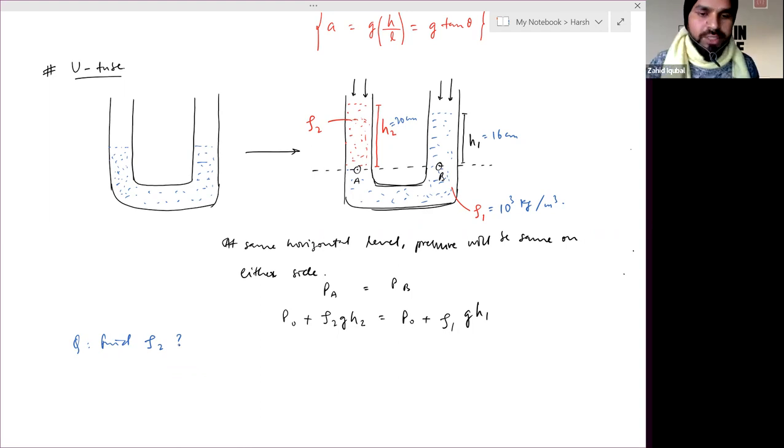Using the numerical values, try to find the value of rho 2. Okay, sir.